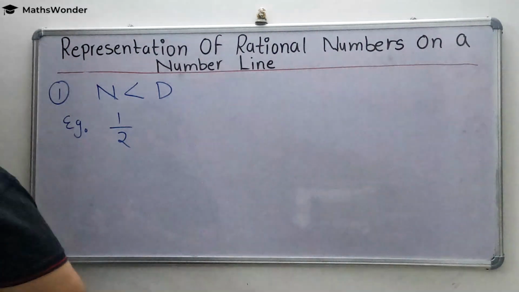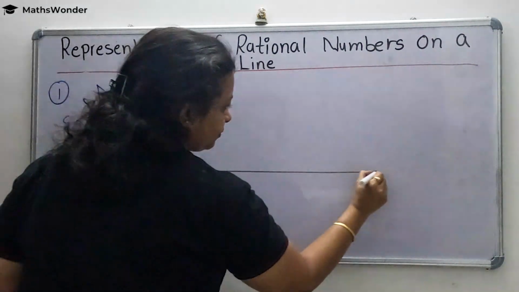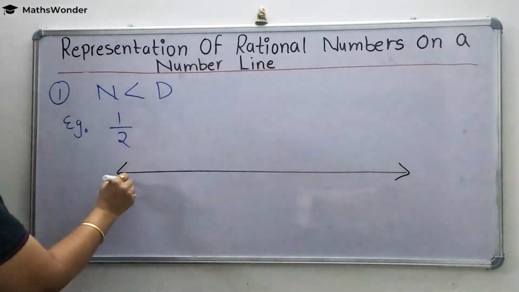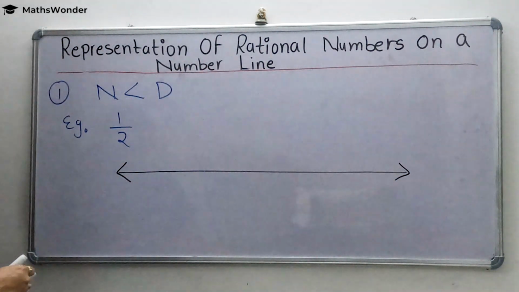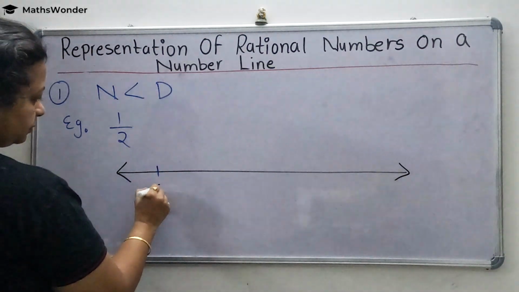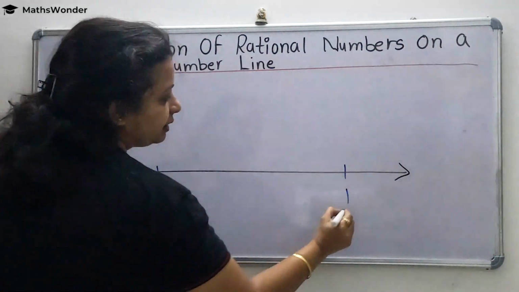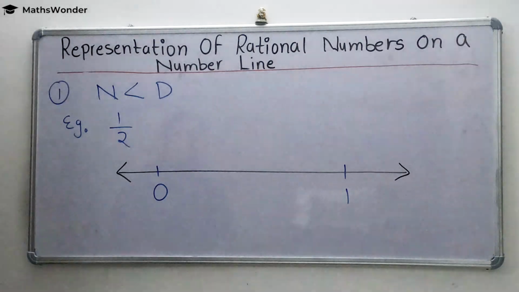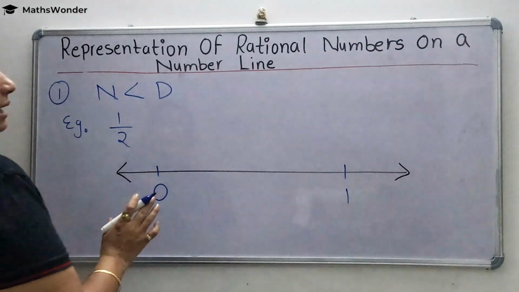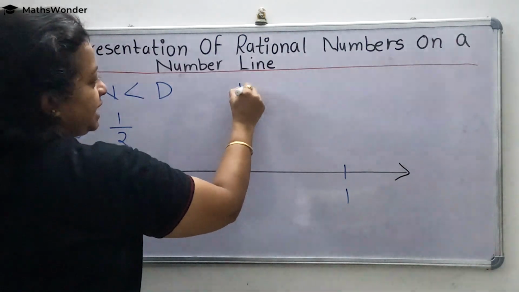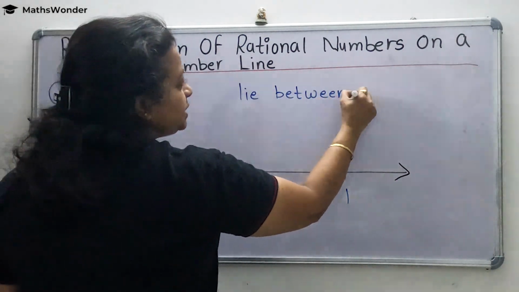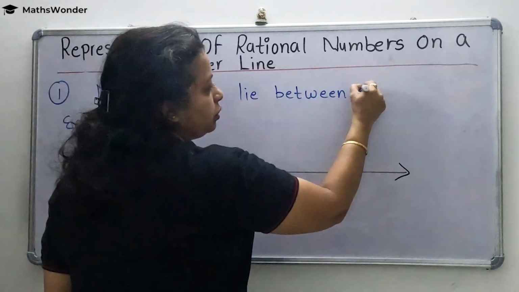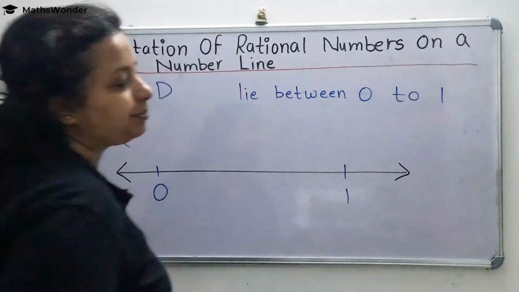First you draw a number line, start with 0 and 1. Always remember, when your numerator is less than the denominator, your number lies between 0 and 1.